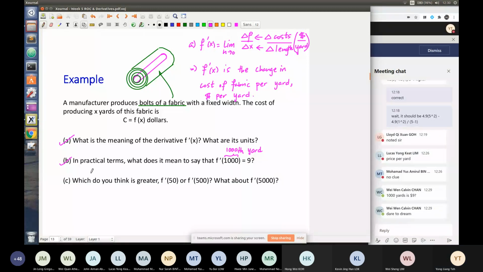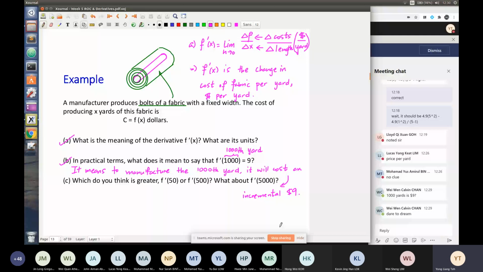It means to manufacture the 1000 yard, it will cause an incremental $9.